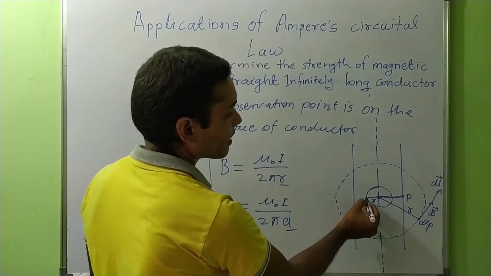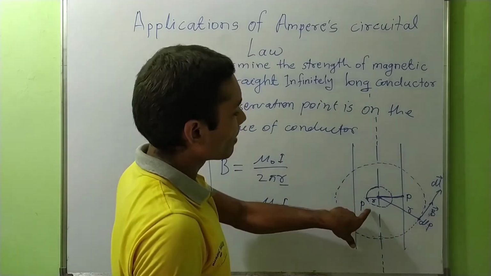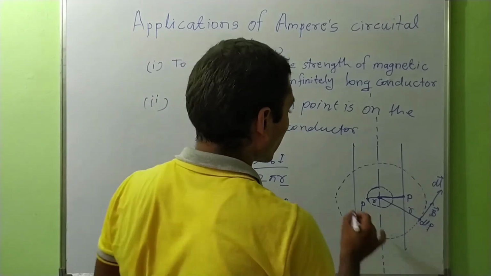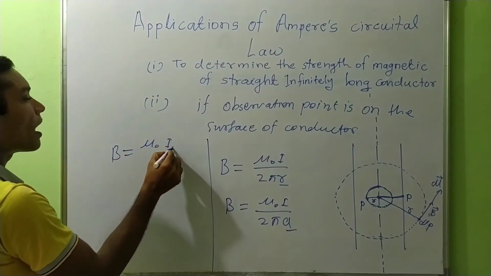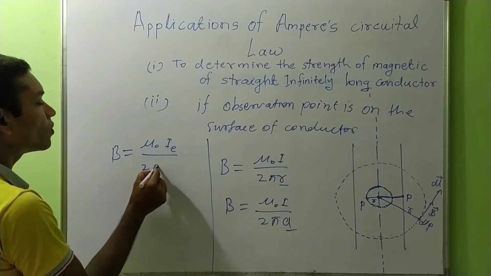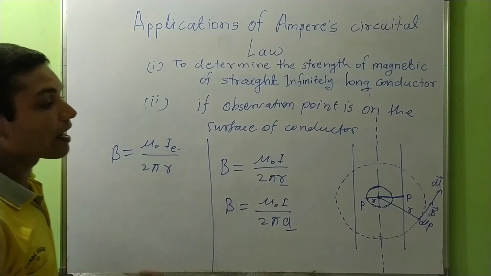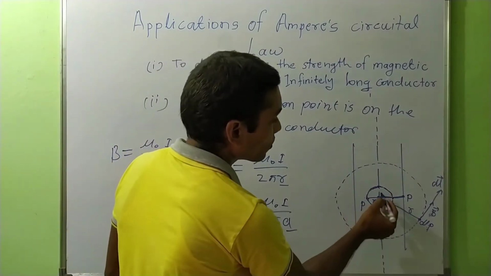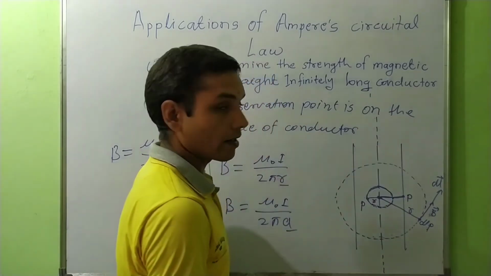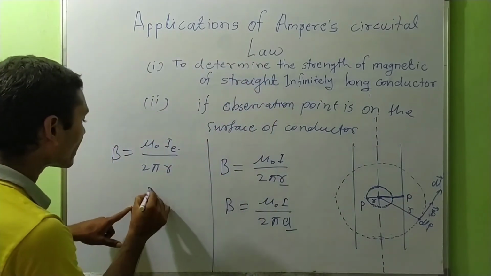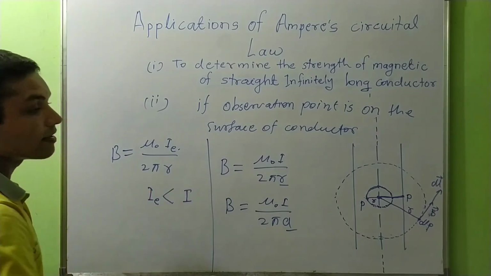So here at point P inside the conductor, the magnitude of magnetic field will be B equal to mu naught I_E upon 2 pi r, where I_E is the current threading through this cross-sectional area of this conductor. So this I_E will be less than the current I.